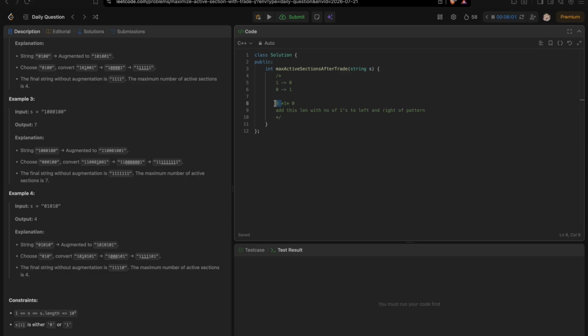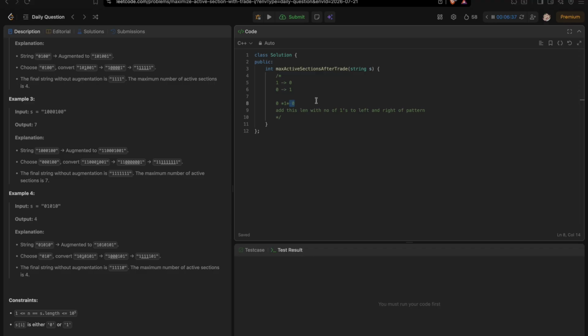And if we get one, we need to check if there are any zeros towards right, and we need to take ones count, zeros left count, and zeros right count. And now zero left will become zero right count because we also need to consider towards right.